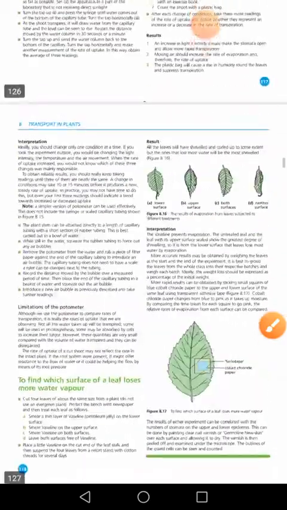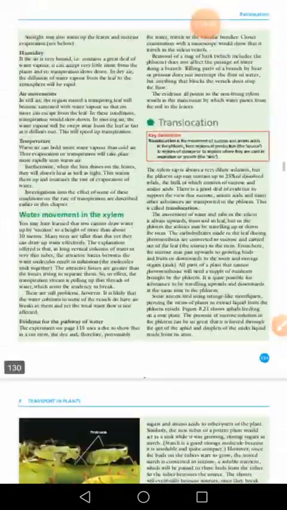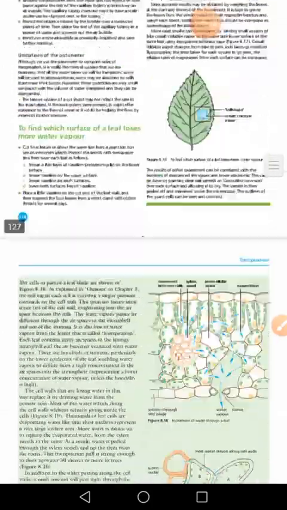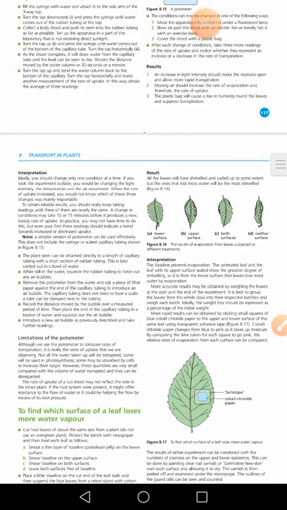So this is the structure of the leaf. This is the top part of the leaf, which contains the cuticle, a waxy layer which is impermeable to water, and at the bottom surface we have what are called the stomata, which is simply an air space.